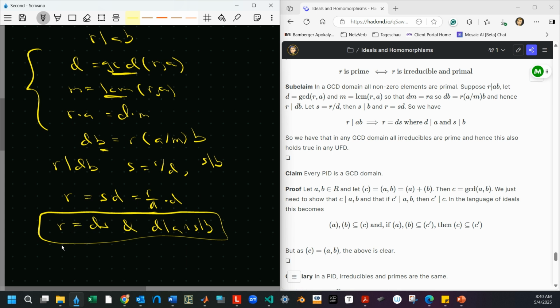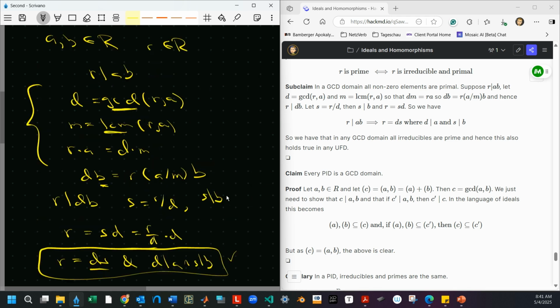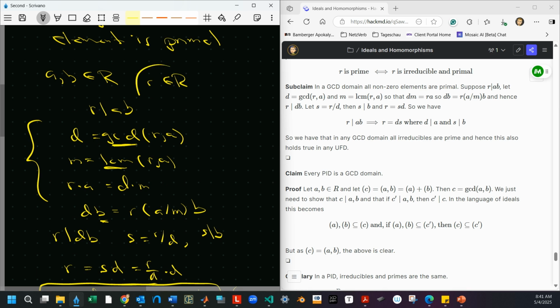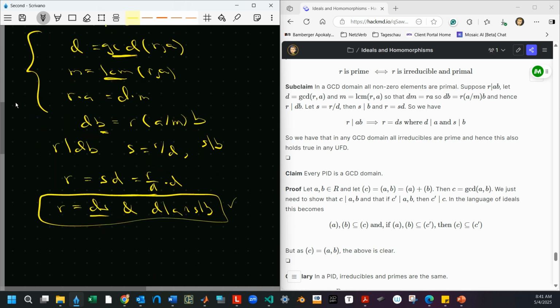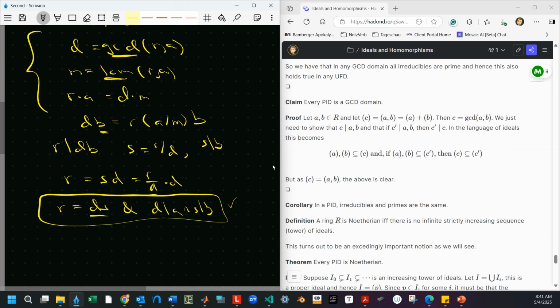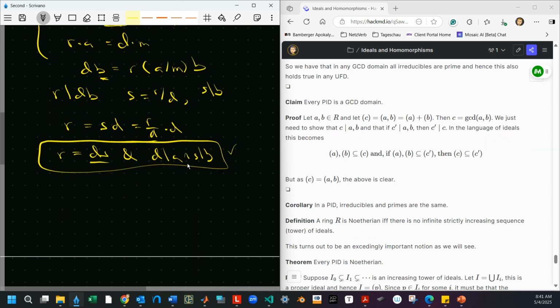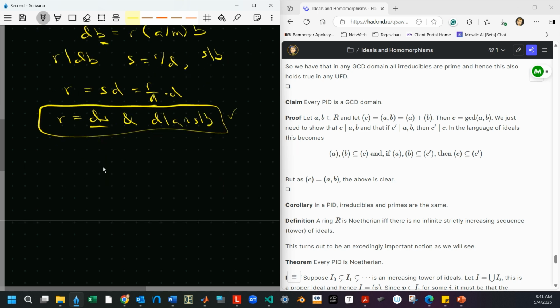We started off with R dividing AB, we got R equals DS, where D divides A and S divides B. And so R is primal, and R wasn't chosen to be anything special, it was just any old element, so every element is primal. And therefore, in a GCD domain, irreducibles and primes are the same.